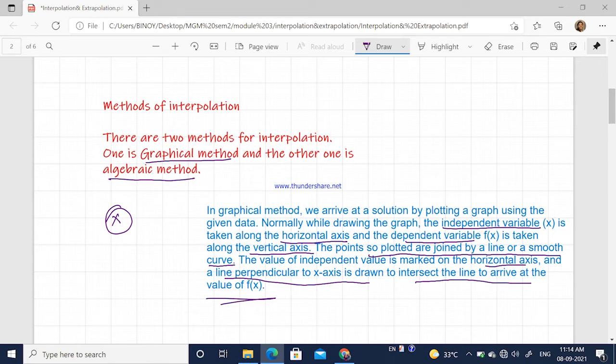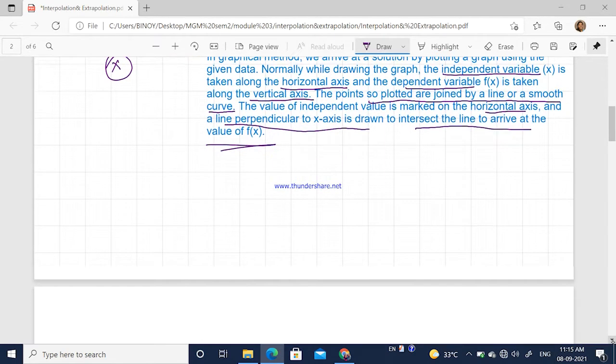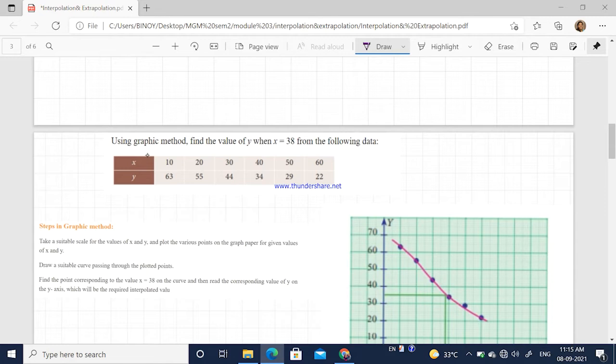For plotting, the independent variable is taken along the horizontal axis and the dependent variable along the vertical axis, and the points are joined either by a line or a smooth curve. Let's see one example using the graphical method.